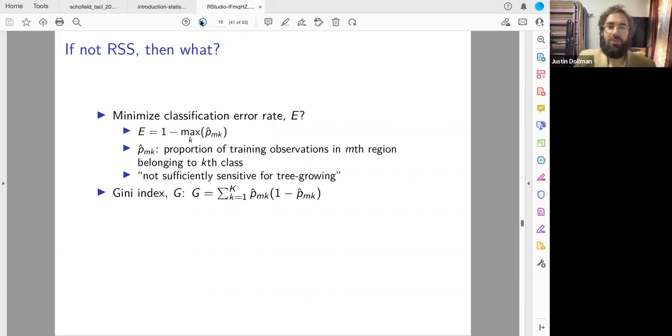And they propose two alternatives. One is the Gini index, which people have probably heard about more in the context of describing income inequality, but here it is in our application. Some of you may remember from statistics days the variance of a Bernoulli variable.